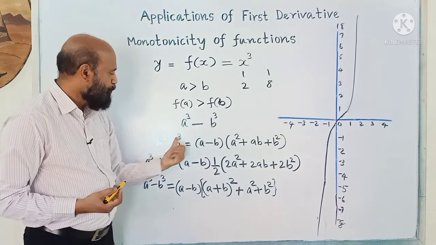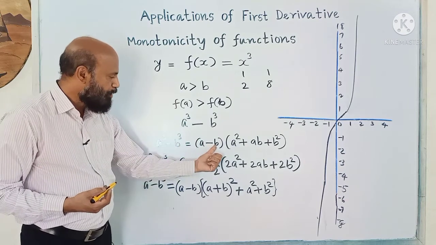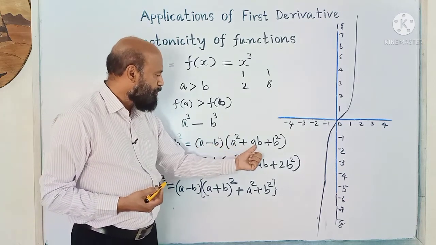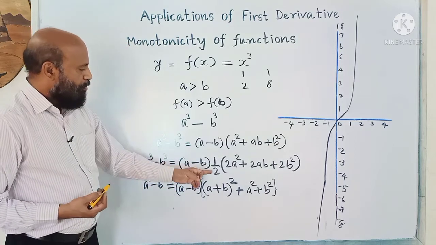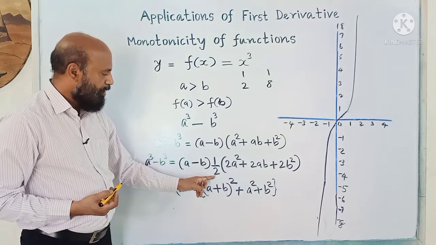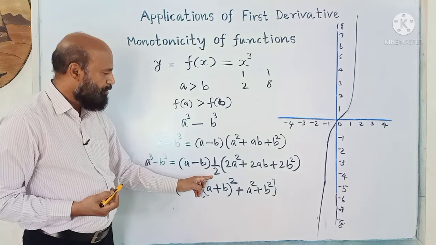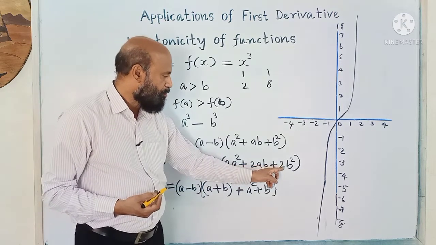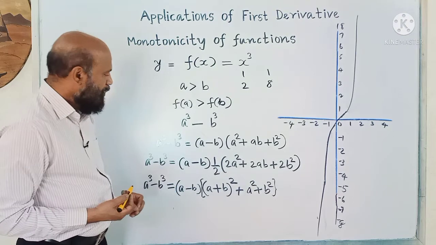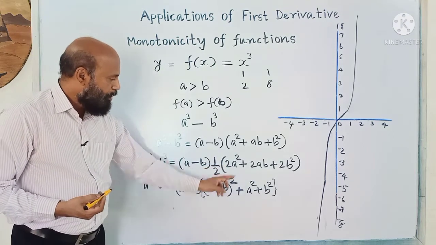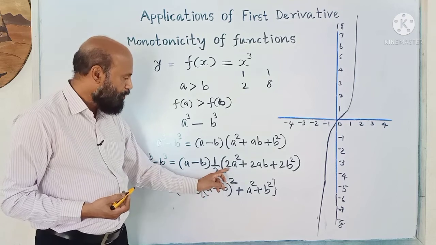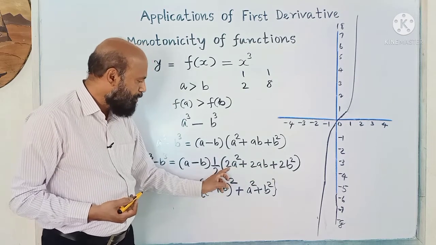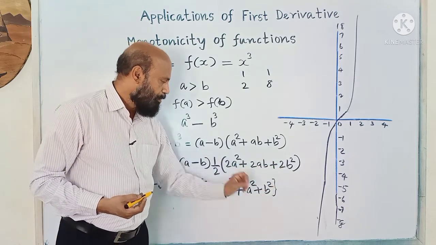A cube minus b cube, whether it can be positive or negative. A cube minus b cube can be written as a minus b, a square plus ab plus b square. Now this can be written like this, 1 by 2 outside, then 2 multiplied inside. Now this can be written as a plus b all square, because a plus b all square is a square plus 2ab plus b square, then here one a square, then b square.